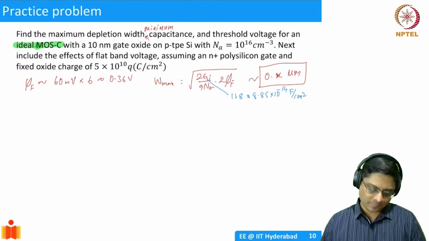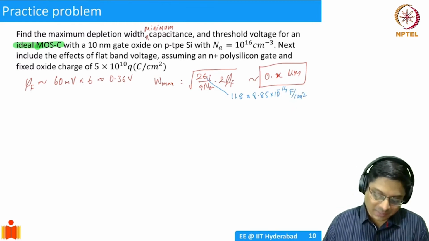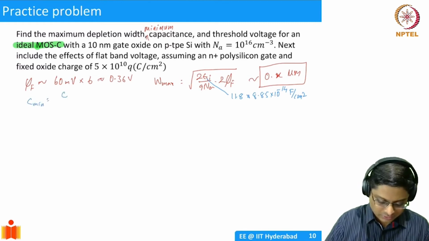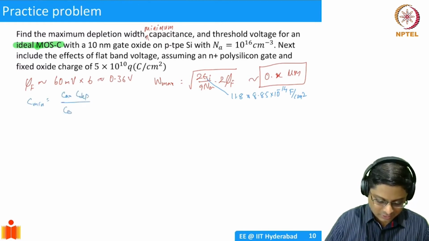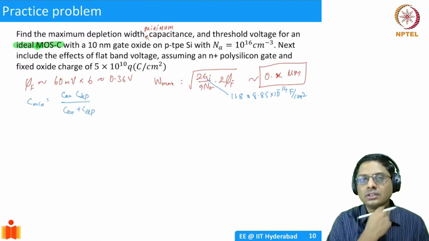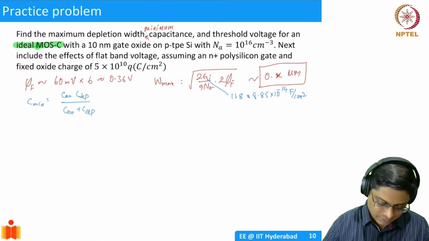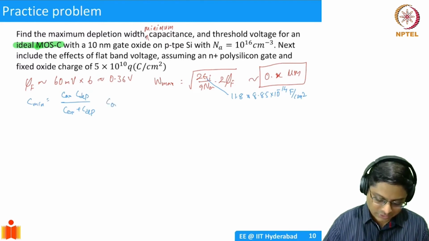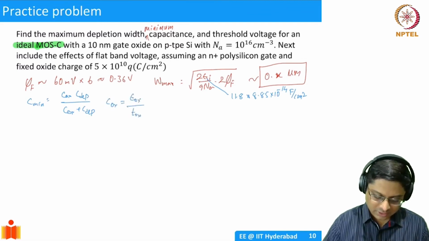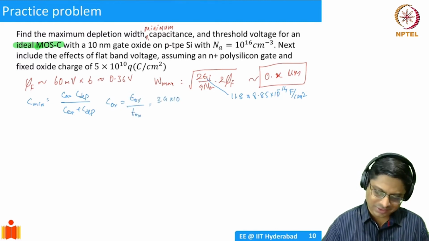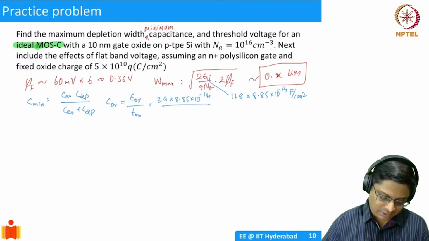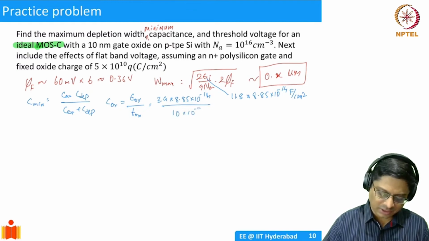So what is the minimum capacitance? To calculate it, C min is going to be C ox times C depletion divided by C ox plus C depletion, right? So I need C ox. How will I get C ox? C ox is simply epsilon oxide divided by T oxide, that is 3.9 into 8.85 into 10 power minus 14, divided by the thickness of 10 nanometers, which is 10 power minus 9, minus 7 again.